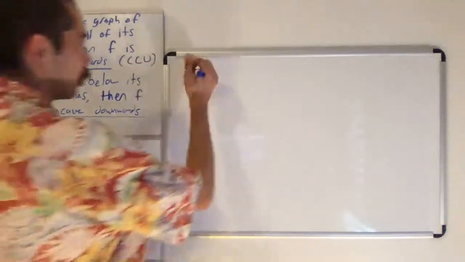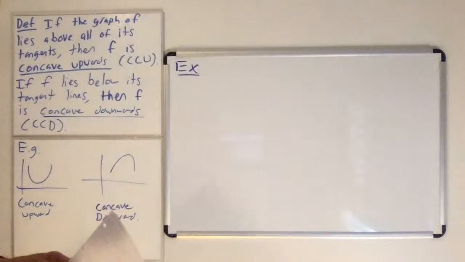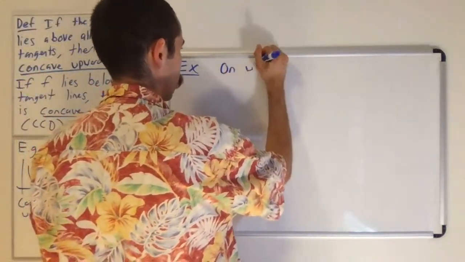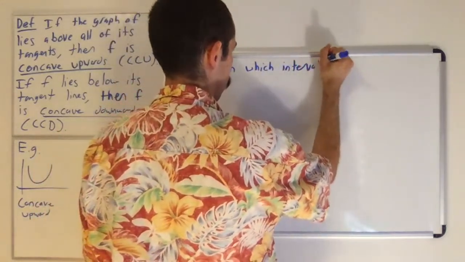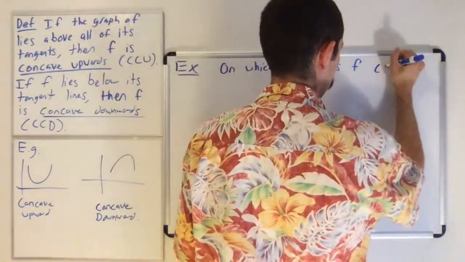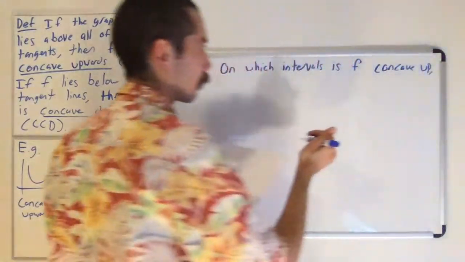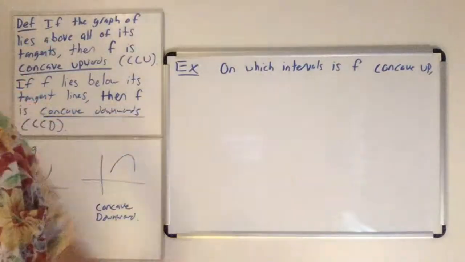Okay, so the example is on which intervals is f concave up? And again, we also will use the abbreviation concave up instead of concave upwards.